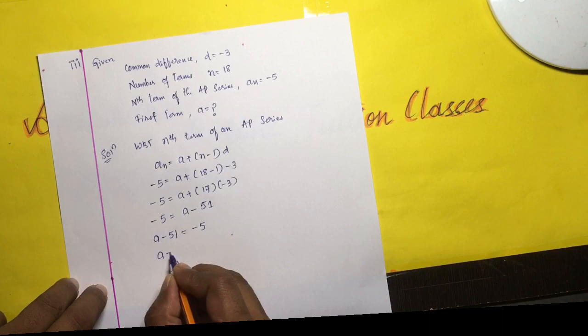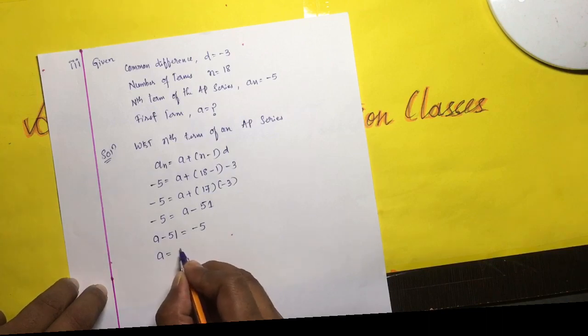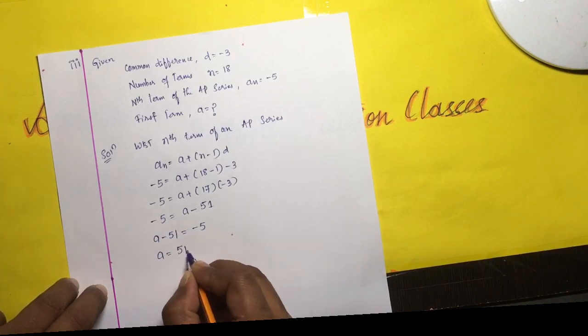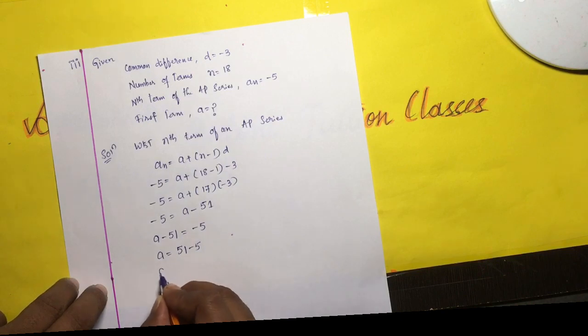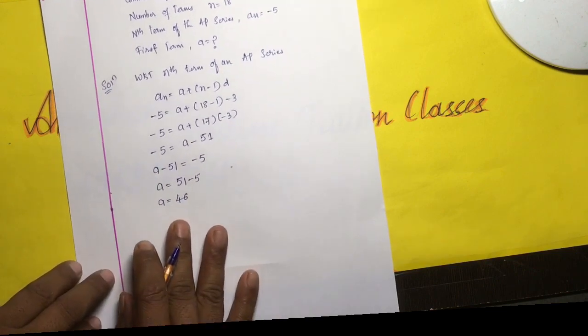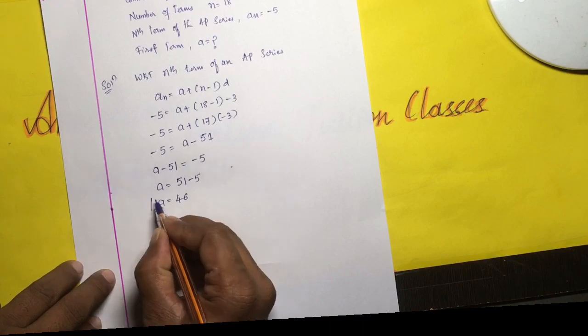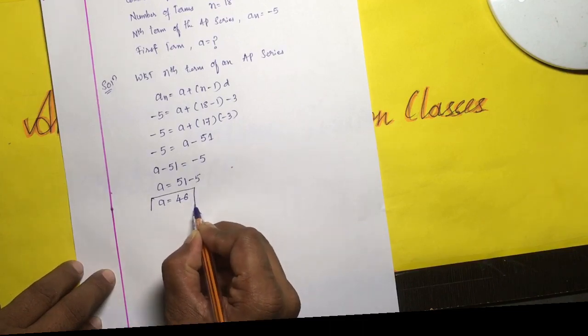So a is equal to 51 minus 5, a is equal to 46. Okay. So this is your required value.